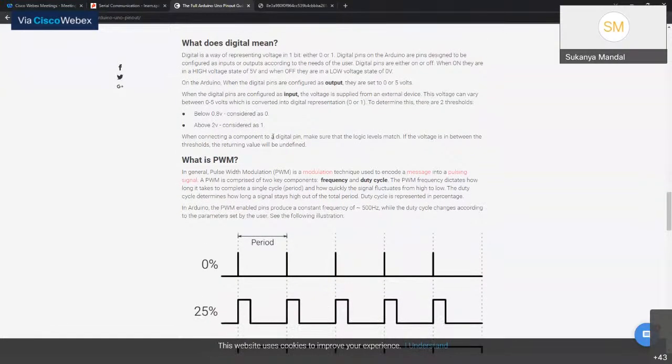If it's below 0.8 volt, it is considered as 0. If it is above 2 volt, then it is considered as 1. That means if it is above 2 volts, then at least your circuit can operate. You could see signals flowing. That is data being transmitted. If it is below 0.8 volts, then it does not work. You see it in an off mode, which basically translates to your circuit not working.